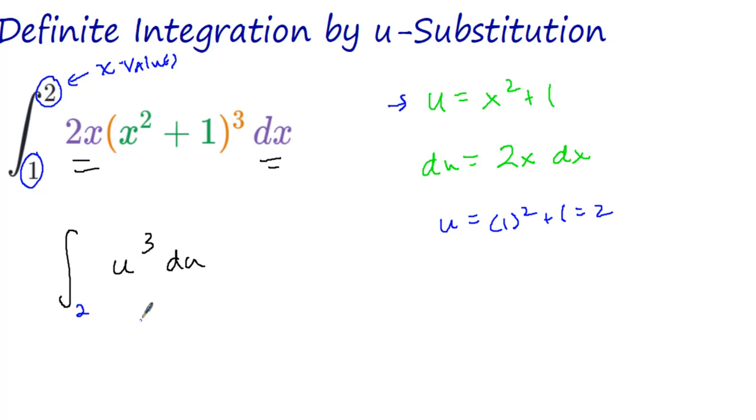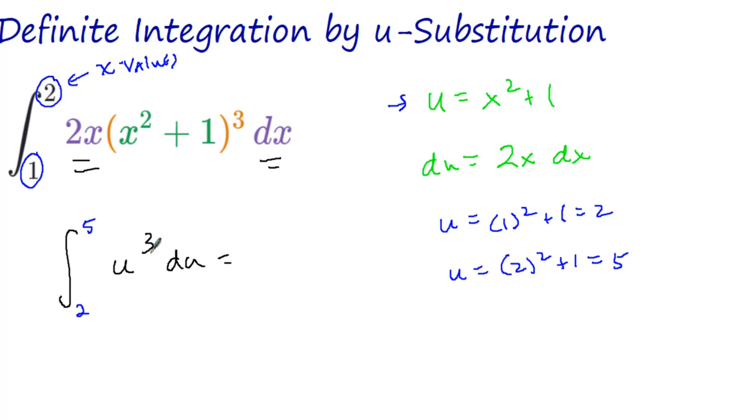So we're going from 2 to 2 squared plus 1, which is 5, from 2 to 5. And you might say, well, Mr. Aiden, we're not going from 1 to 2 anymore? No, we're still going from 1 to 2 in terms of x values. In terms of u values, we're going from 2 to 5. We have to evaluate everything in terms of u.